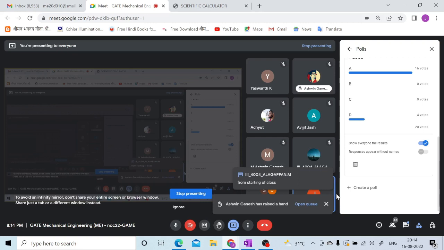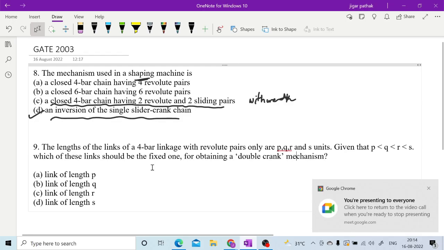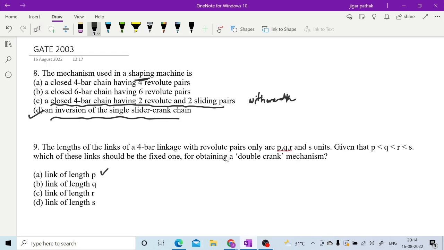I guess you can see the result. Now we will see the answer. Many of you have given the correct answer: the link of length p must be fixed in order to get this double crank mechanism, because we are fixing the smallest link, link p. So correct answer.